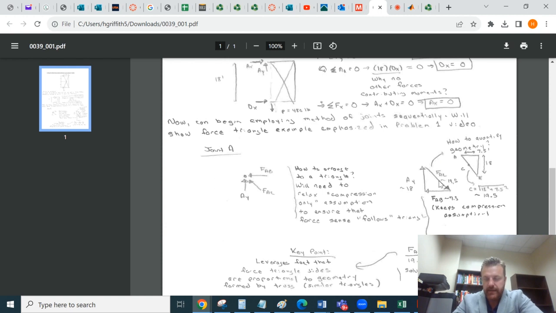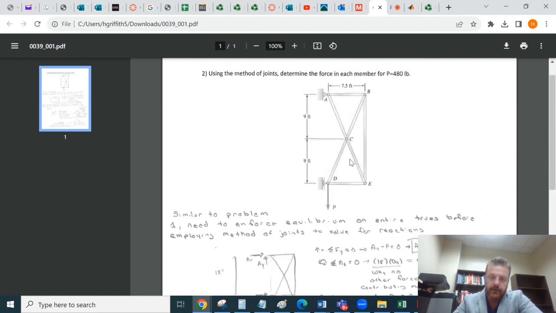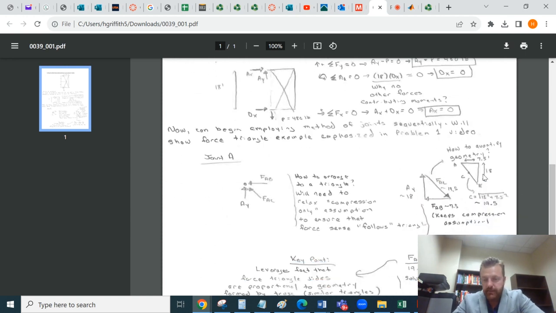So if we look at the actual geometry of this truss, we notice that FAC goes along, going back to the original diagram here, if you look at FAC and you drew a triangle from E to A, and then you dropped it down to D, and you drew it all the way over to E, we would see that the geometry that defines the orientation of this truss is a triangle with a horizontal base length of 7.5 and a vertical length of 18. So if we were to use Pythagorean's theorem, and I drew the right side of the triangle, but you could draw the left side as well.